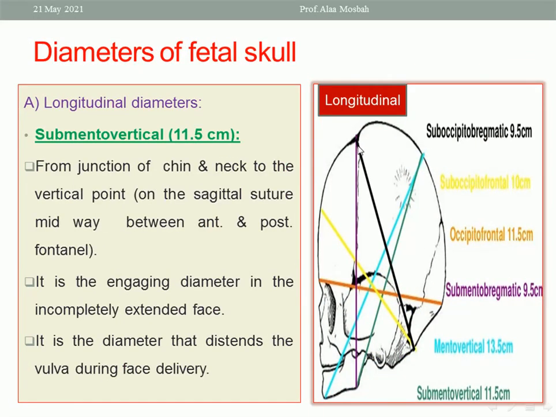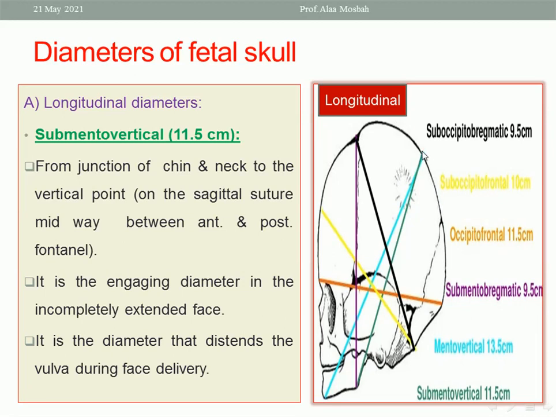Submentovertical diameter 11.5 centimeter. Submento extends from midway between the chin and the neck, as we said before, to a vertical point. What is the vertical point? It is the area midway between the anterior fontanelle and the posterior fontanelle. This point is called the vertical point.